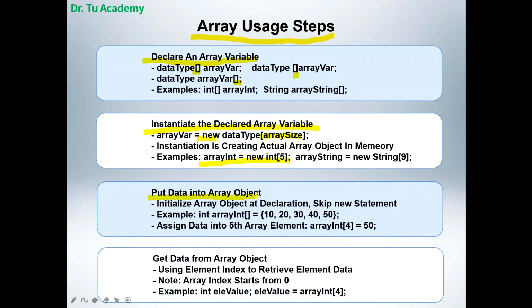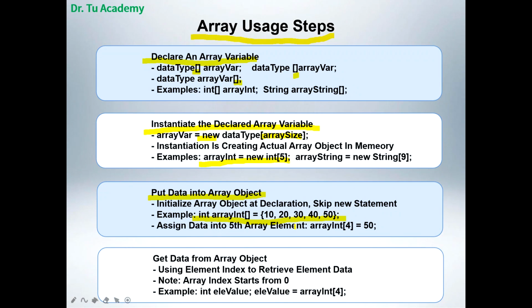Then we put data into an array object. Here, we declare and instantiate at the same time the array variable called arrayInt. It has 5 elements.